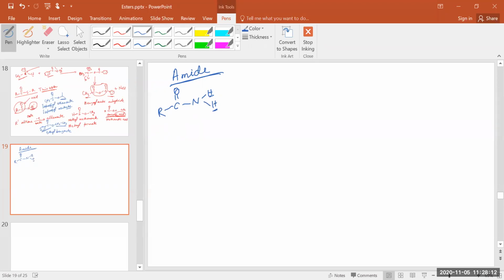So for the simple IUPAC nomenclature, you consider the parent alkane, remove E and add amide. So the compound will be called alkanamide.